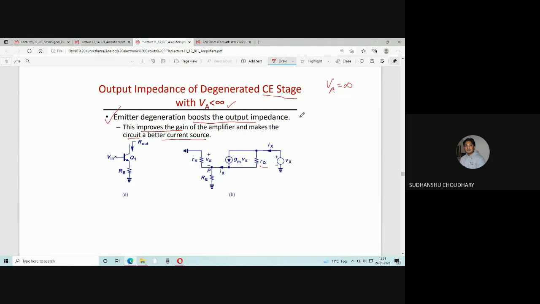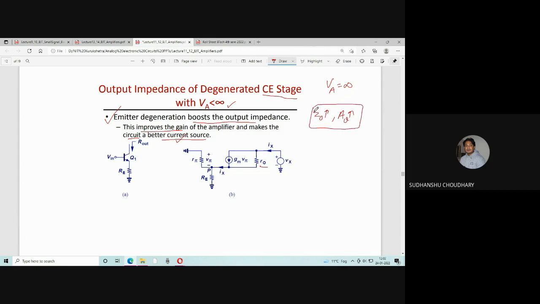So output impedance increases, gain also increases, so that this can be used as a better current source. So how do these two things happen?